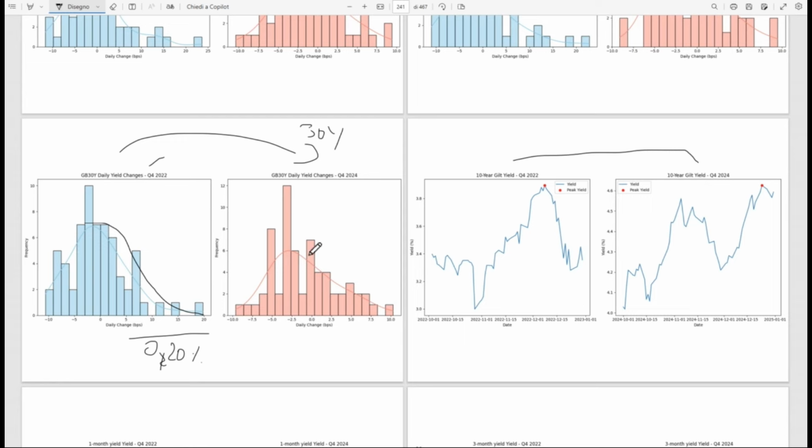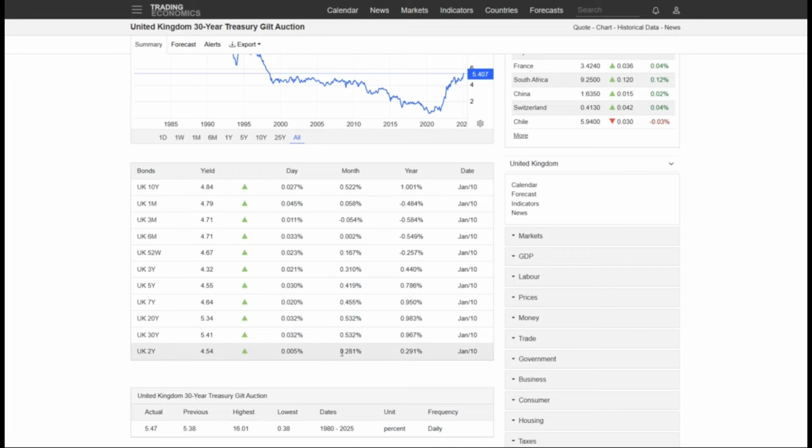And now this is not symmetric to 0, it's symmetric to minus 2.5, which is good. But it's not normally distributed in 2024, and you have days when the 3-year goes up by 10 basis points.